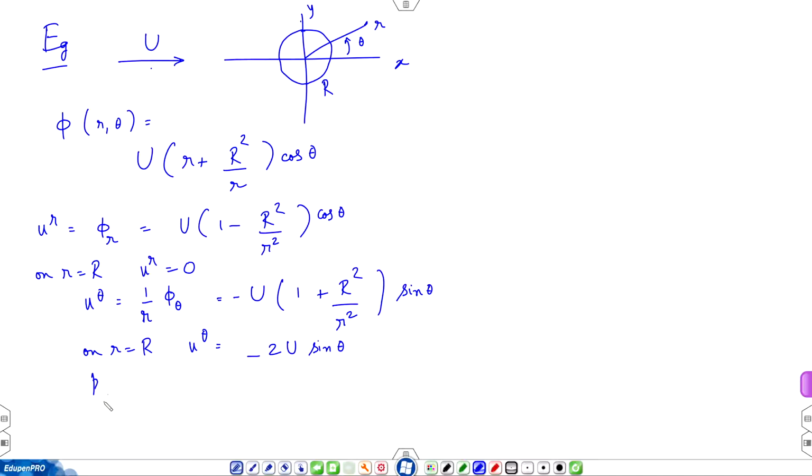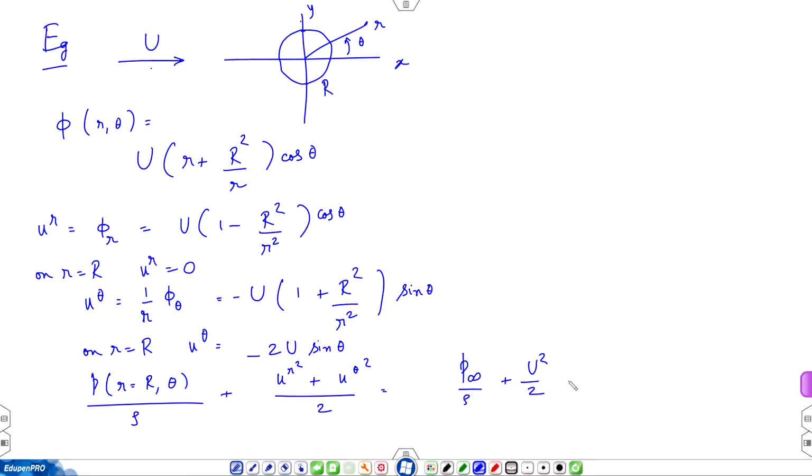So, we get the pressure distribution on the cylinder by applying Bernoulli's equation.